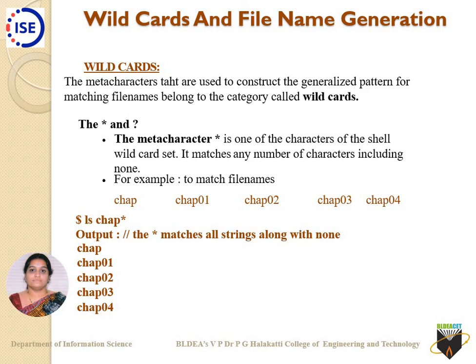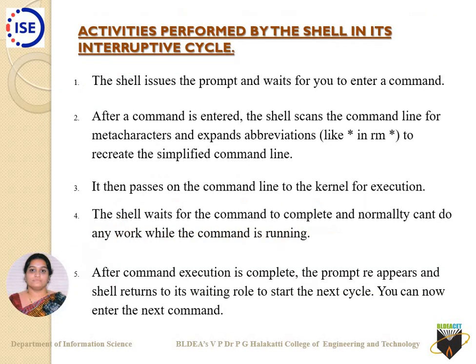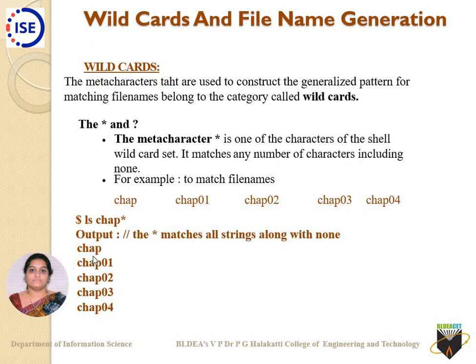But keep in mind your question mark says a character should compulsorily be there. It matches a single character. None will not be identified here. If I use chap and a question mark, the file name chap will not be identified, because at least one character should be there after this. That is how the interpretation happens.